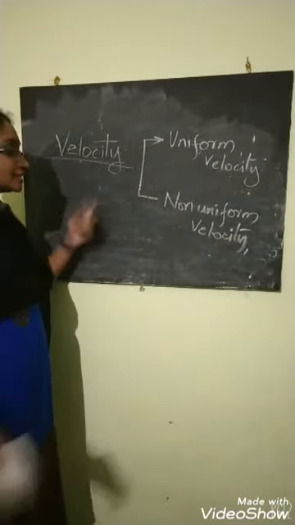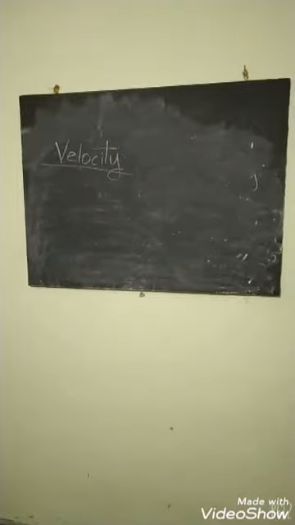Now we are going to find the equation of this velocity. We learned the equation of speed, and now we are going to learn the equation of velocity. Now I am considering an example.